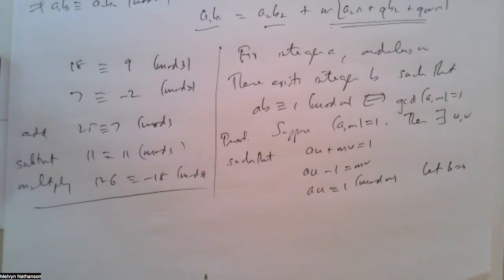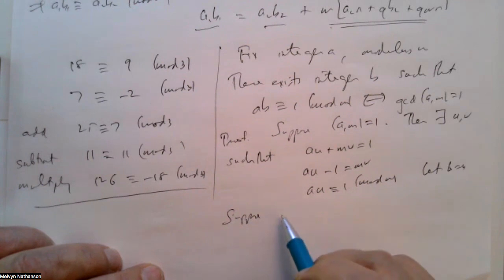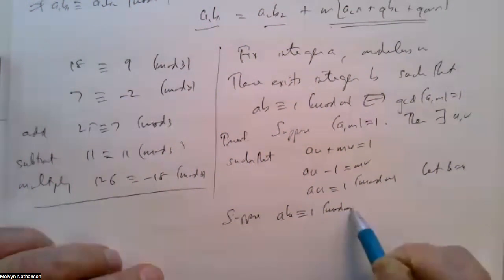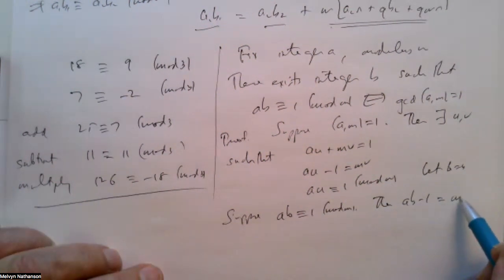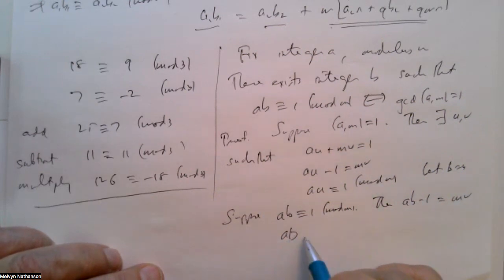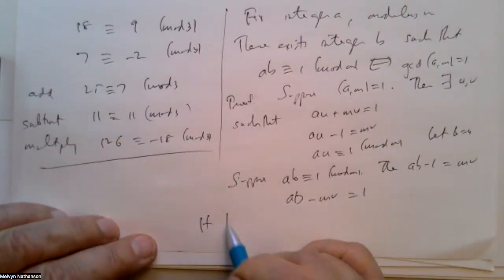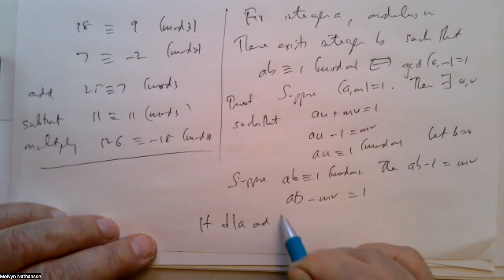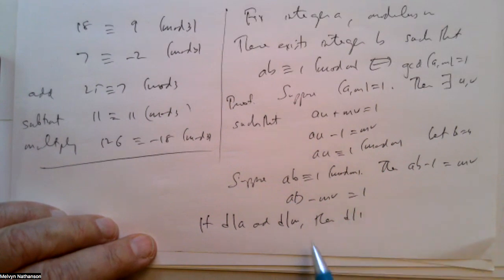What about the converse? So suppose AB is congruent to 1 mod M. So then AB minus 1 is some multiple of M. So I say M times B. So AB minus MB equals 1. If D divides A and D divides M, then D divides 1.